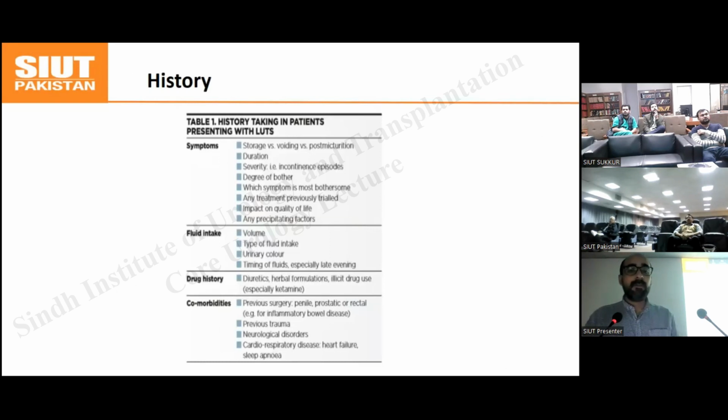In history, after biodata, we will ask the symptoms of the patient, whether he is having storage symptoms, voiding symptoms, or post-micturition symptoms, the duration of those symptoms, and the severity.